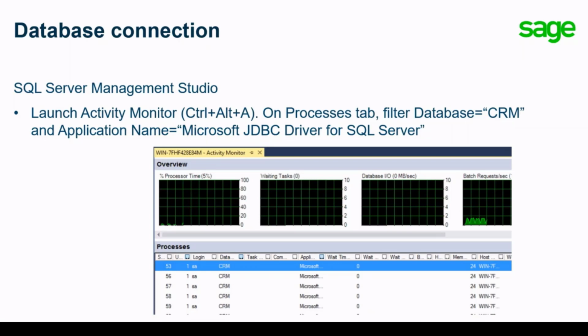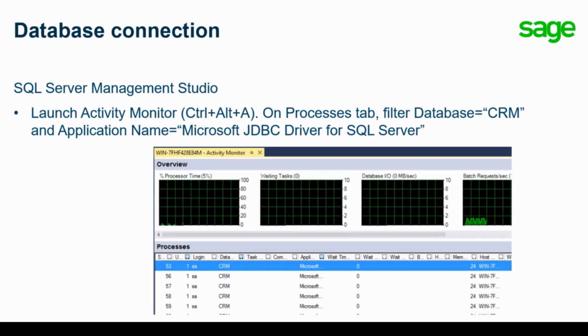Yes, it shares the CRM database connection, but it connects to our SQL database with its own means and not through IIS like CRM connects to SQL. So let's go have a look in SQL Server Management Studio if Tomcat's actually connected to our database. This way we know that if Tomcat is connected, then we can go to the next step. If Tomcat is not connected, we need to fix this connection and get Tomcat to connect to our database first.